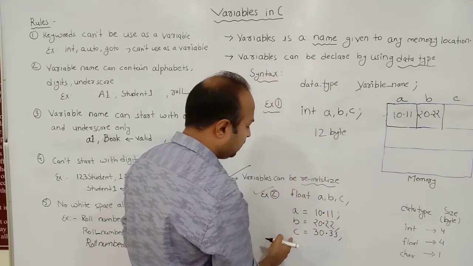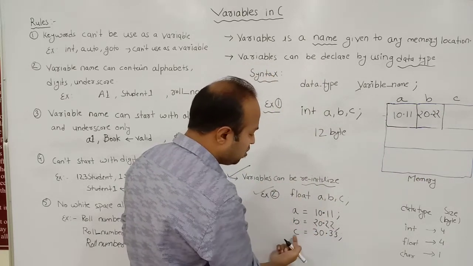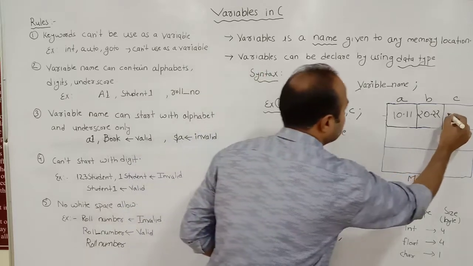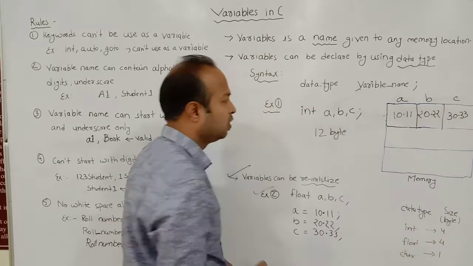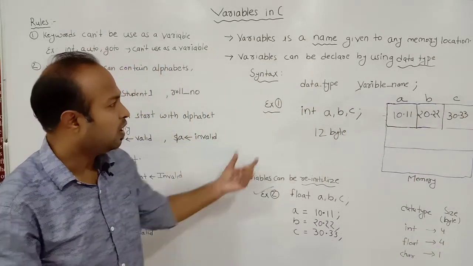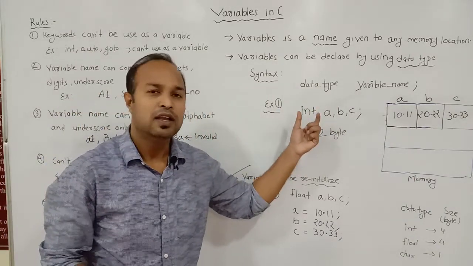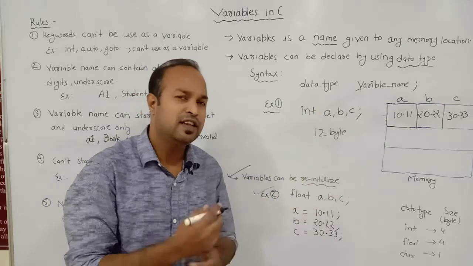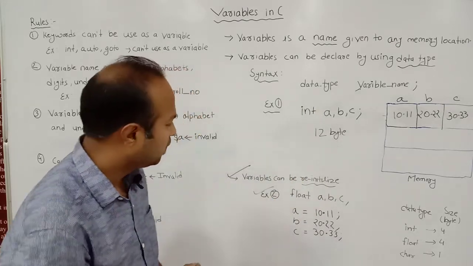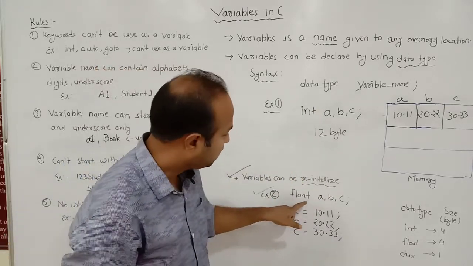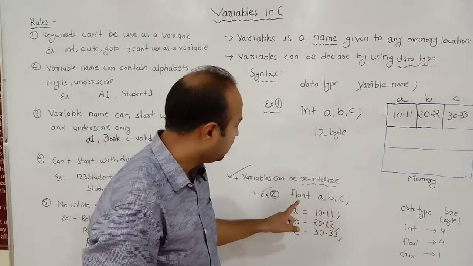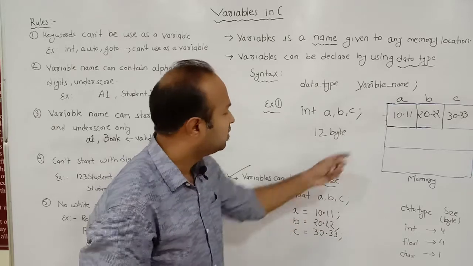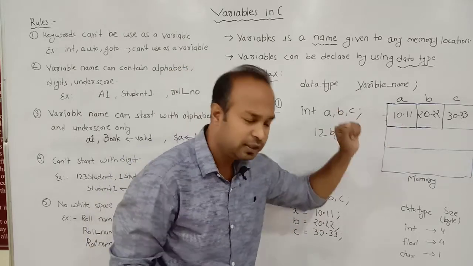And in the next line we initialize the value of c with 30.33, so 30.33 will be stored here. In this way we can declare a variable, initialize a variable and re-initialize a variable. And one more thing: here we have declared the variables as a float data type, meaning here we can only store floating data.